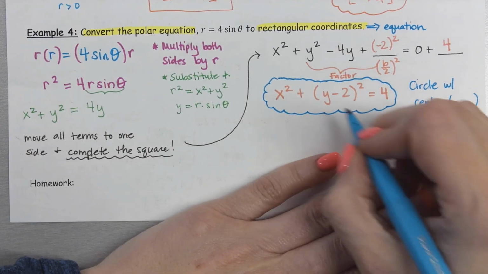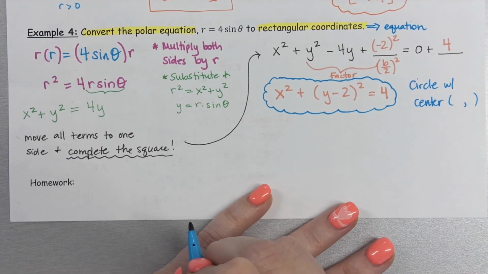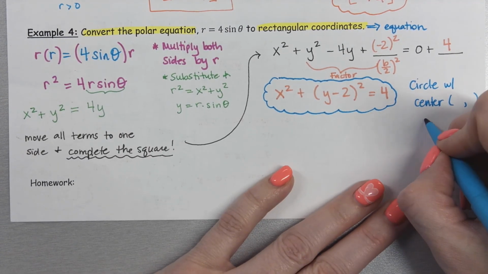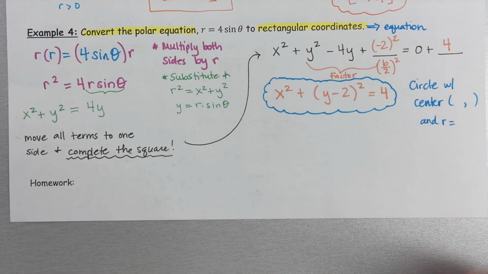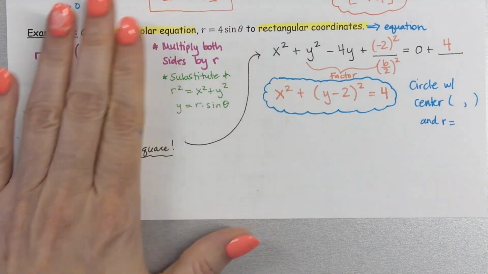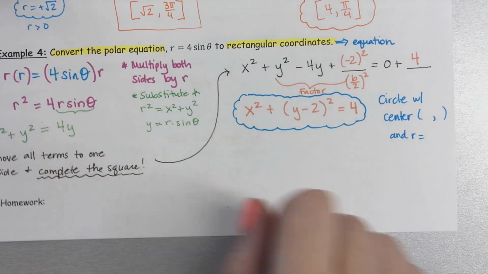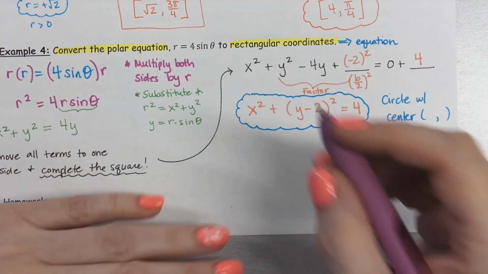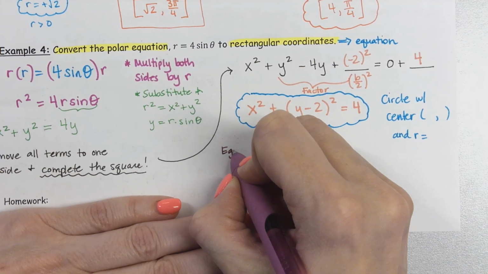Do you guys remember how to find the center from this? And the radius? Okay, we are going to be graphing circles. So I think it's going to be helpful for us to write down the equation of a circle.